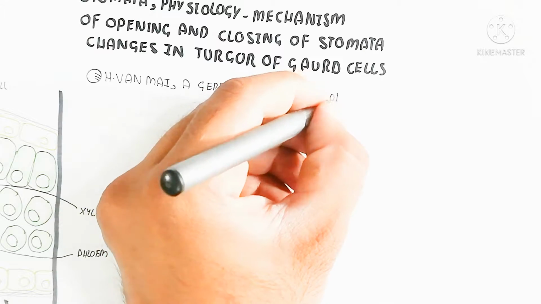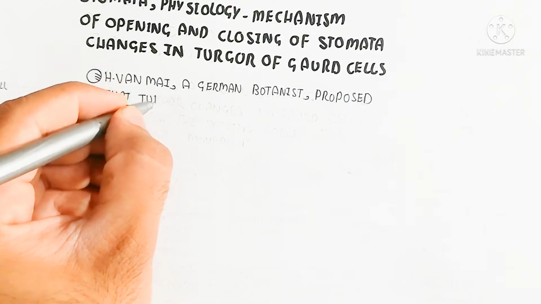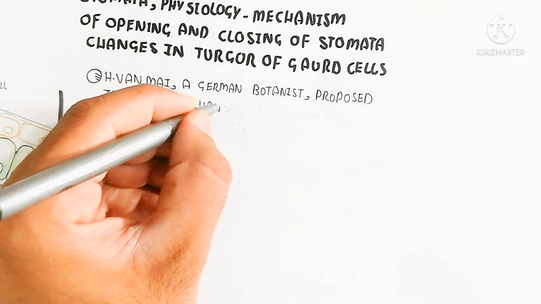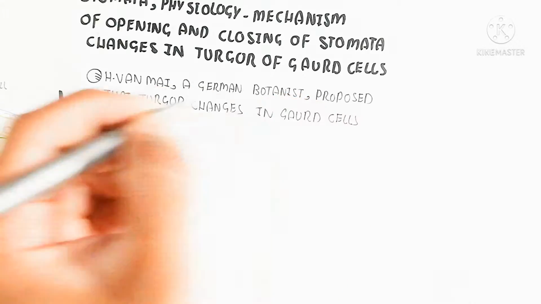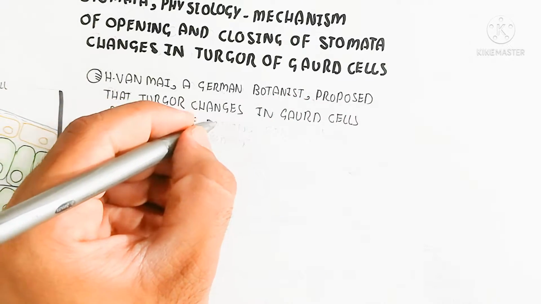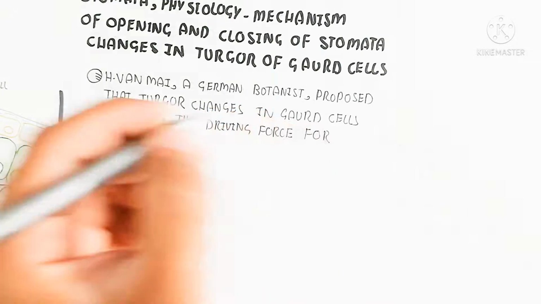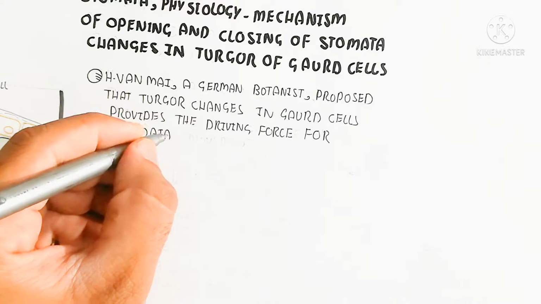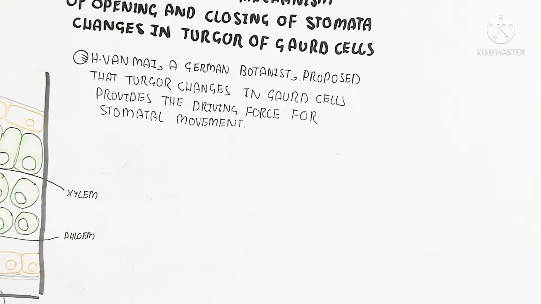Here, H. von Mohl, a German botanist, proposed that turgor changes in guard cells provide the driving force for stomatal movement. So let's begin to understand stomatal movement. Remember, when water enters the guard cell, hydrostatic pressure is exerted on the wall of the guard cell, which contains cellulose.